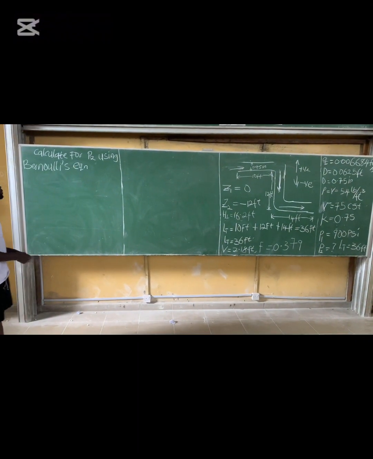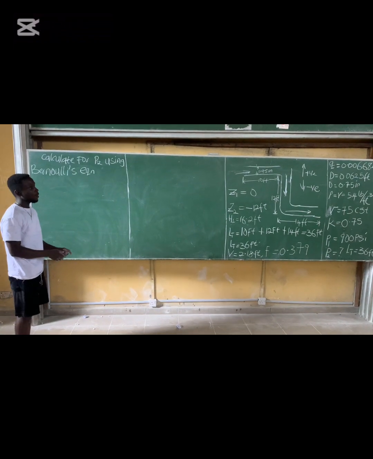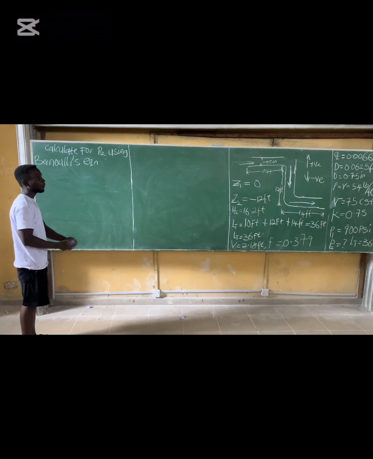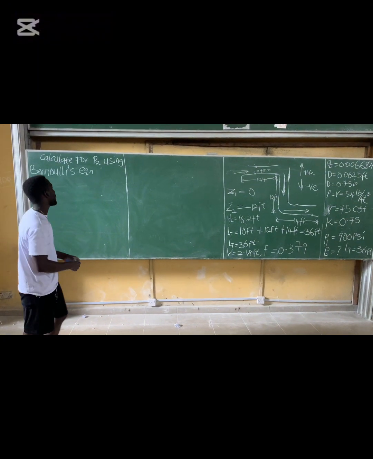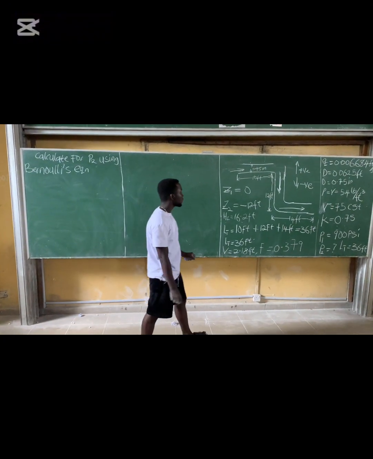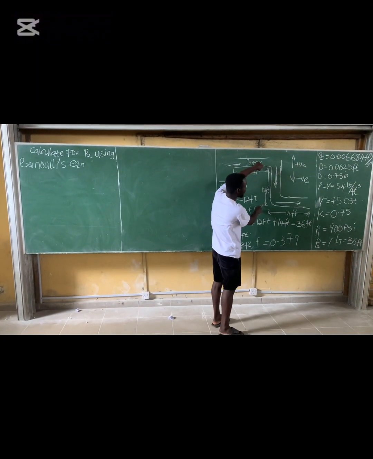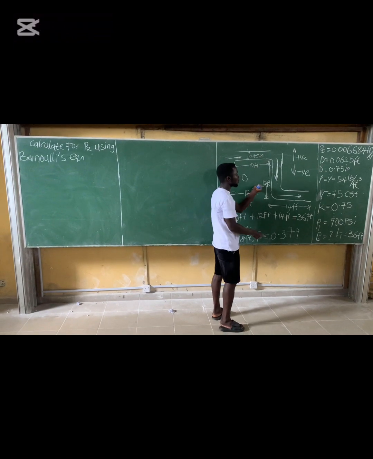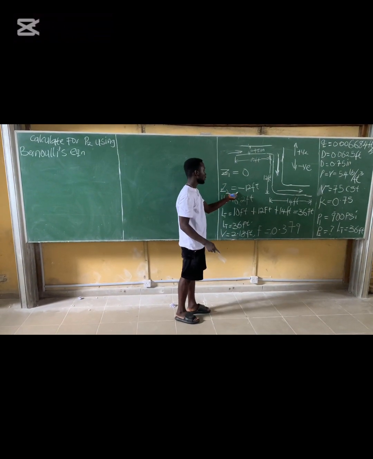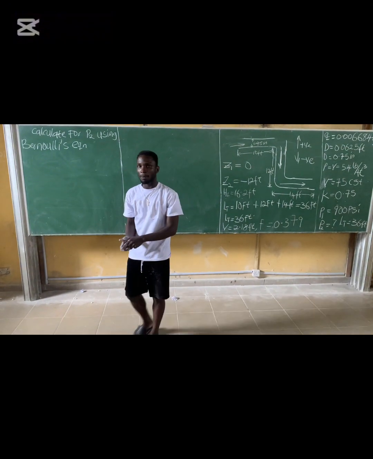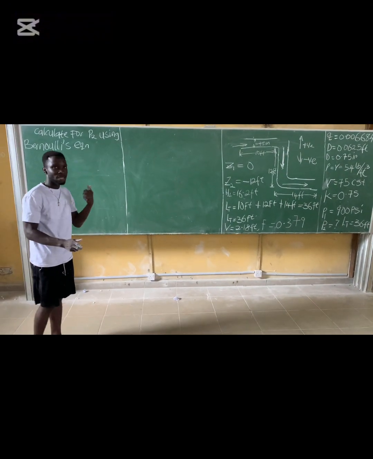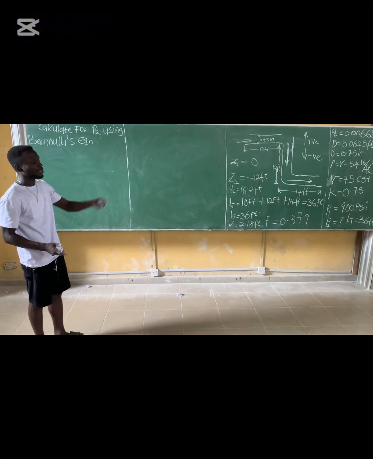If you look at this question, we cannot use the head loss multiplied by the density to get our delta P, because they gave us an elevation in the question, which is minus 12 feet. Remember, you can only use your head loss to multiply the density when elevation is not given. But in this case, they gave us elevation.